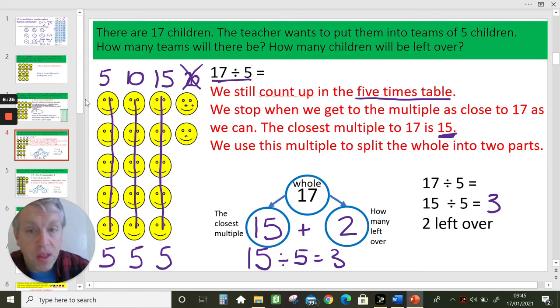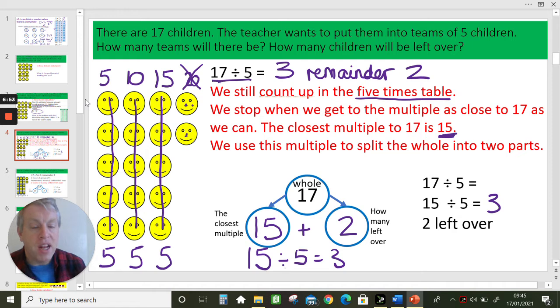2 left over. So our answer for this is 3, and then we use the maths word remainder, meaning the ones that are not in an equal group, the ones that are left over. 3 remainder 2. 3 and 2 left over.